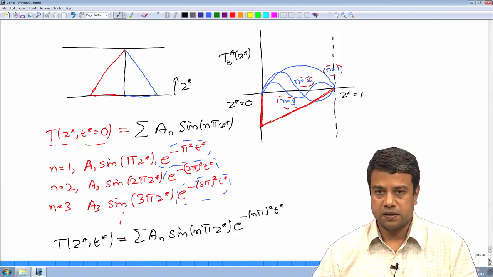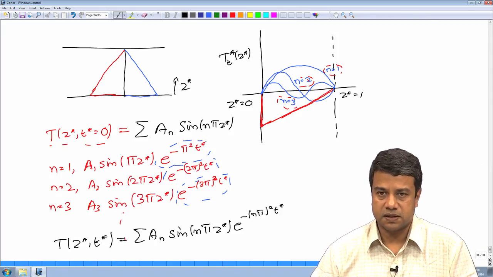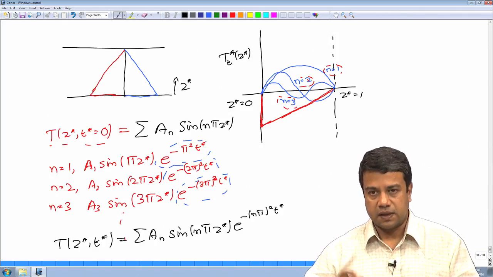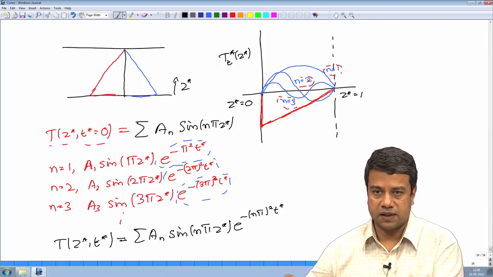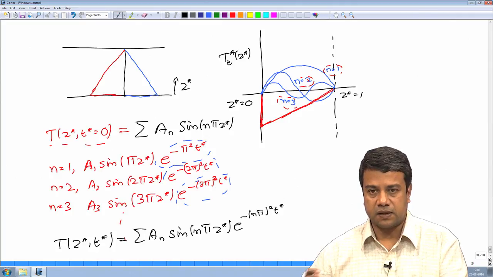Separation of variables: you have to identify homogeneous boundary conditions in all directions except one. In those homogeneous directions, you have discrete solutions, discrete eigenvalues and orthogonal eigenfunctions. Write the inhomogeneous part in terms of those orthogonal eigenfunctions using orthogonality and calculate the coefficients.